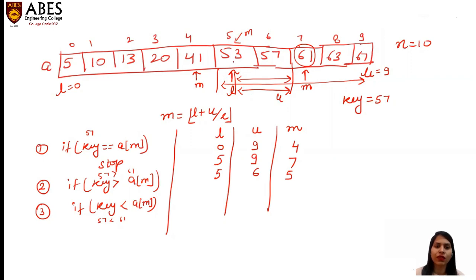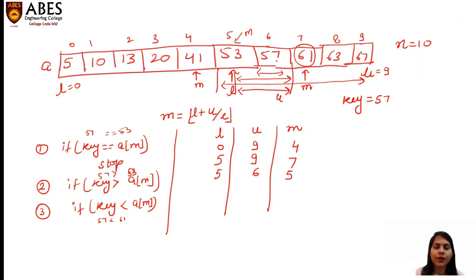The middle element is 53. Again, we will check all three cases. First, we check whether the value we are searching for, 57, is equal to 53. No. The second case, 57 is greater than 53. Yes, right. That means the element we are searching for, 57, is greater than the middle element, 53. That means our search will lie in the right part of the middle element here.